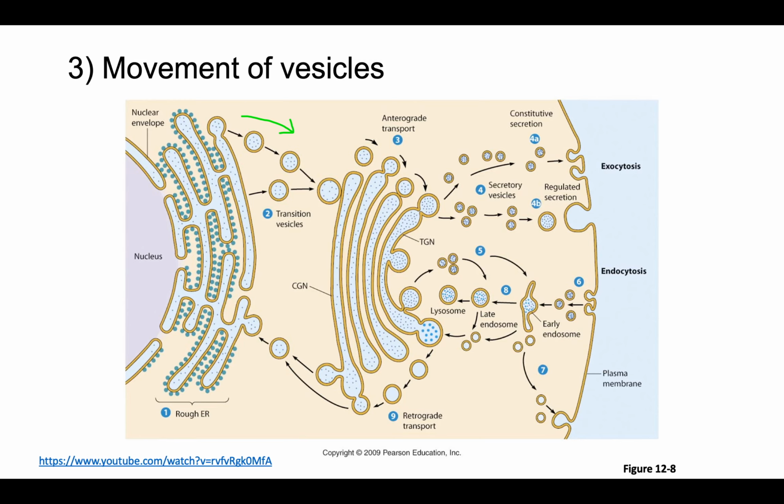So things that we're exporting, also called the secretory pathway, brings things out of the cell.